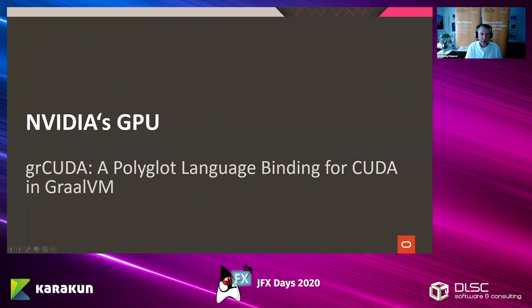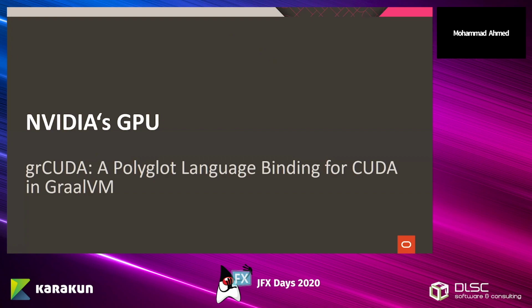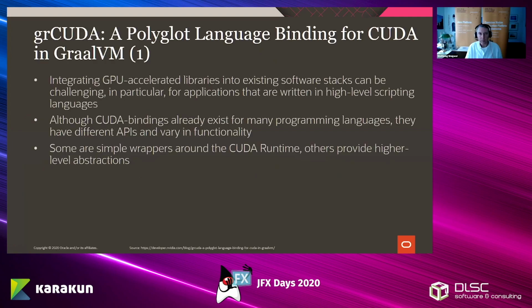GrCUDA is a polyglot language binding for CUDA to reach this in Graal. So this is a possibility if we think about large rendering stuff with JavaFX and we want to do this from the GPUs. We can hand this over as a polyglot language binding.